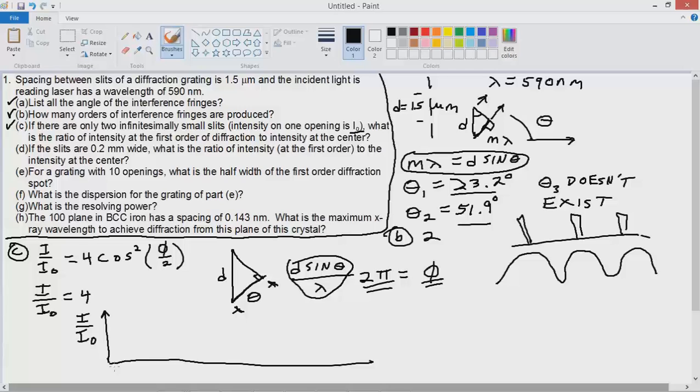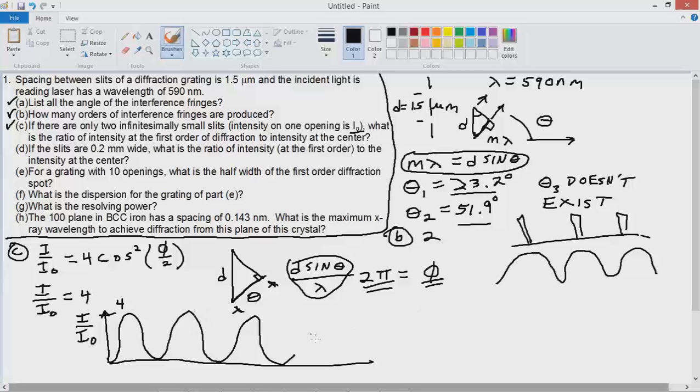Excuse me, not in the center. At one of the spots. So we're going to get a curve that looks something like this as we go across. And then this is 4 high.